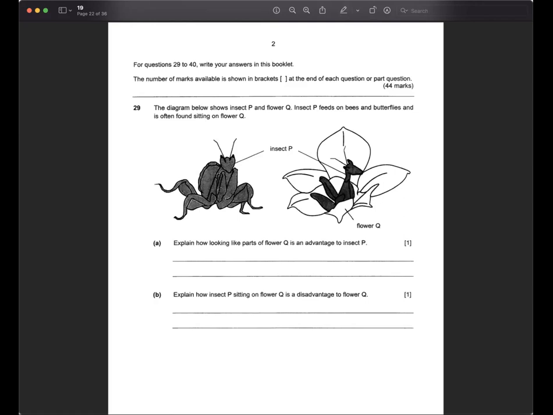Okay, let me read the answer. I'll give you 1 mark, but the answer can be improved. The question says that insect P feeds on bee and butterfly.